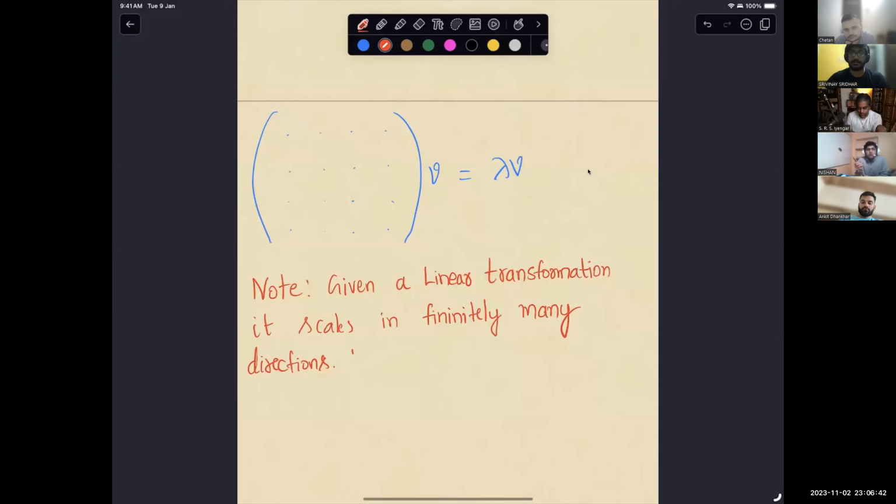What we mean by changing direction and scaling is that input and output are in the same direction. The only difference is that their magnitudes are different. Kind of scaling either 2 times or 3 times, or in negative direction 2 times or 3 times, or any scalar value. This happens in general. Correct.